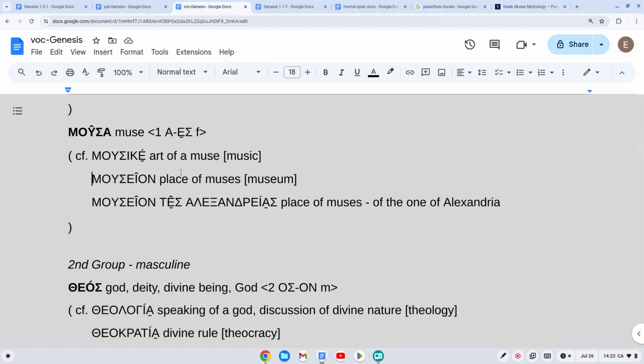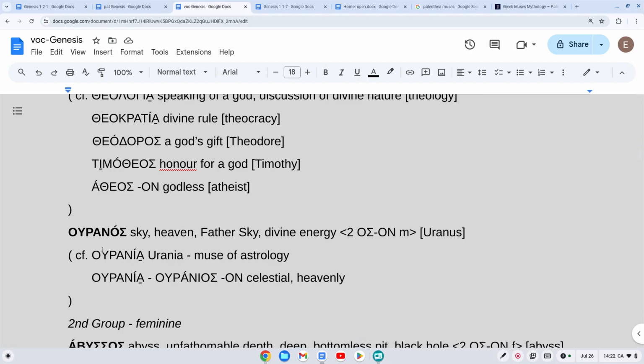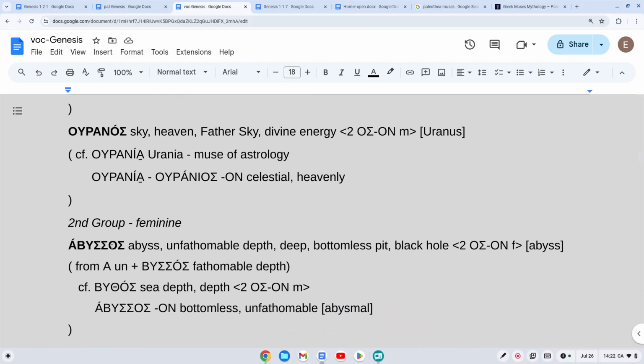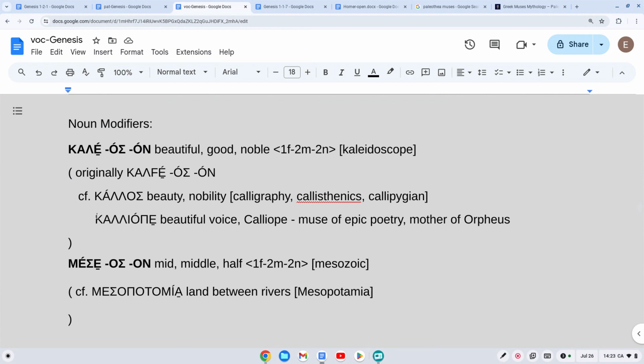Let's go back to vocabulary. Here's one of them. Urania, the muse of astrology. And here's another one. Calliope, from kalos, meaning beauty or nobility. Kalos, kalon, we've come across before, means beautiful, good, or noble.